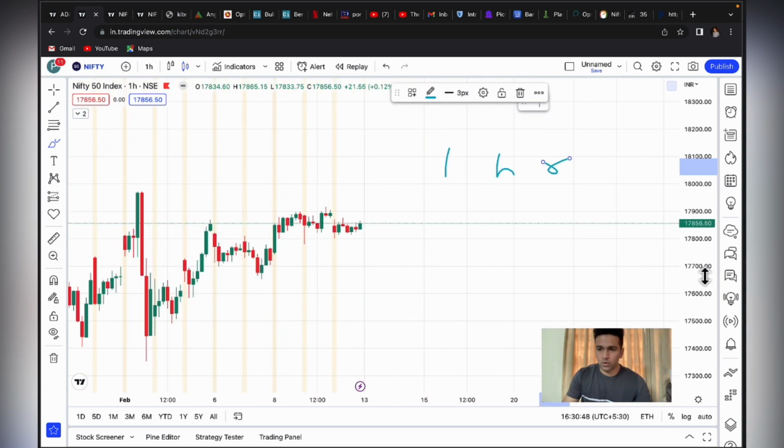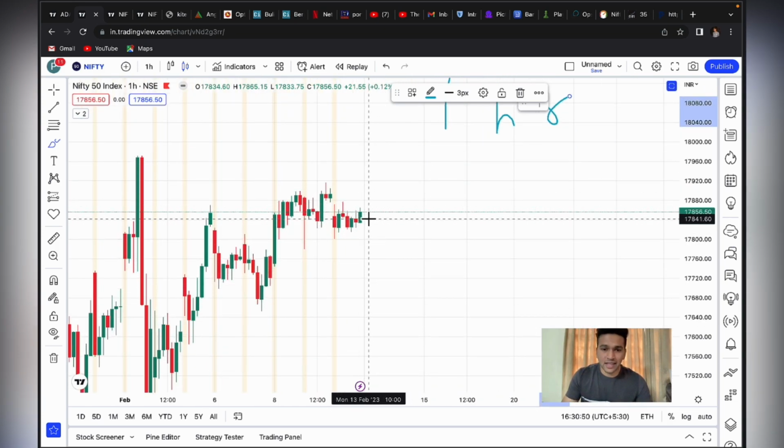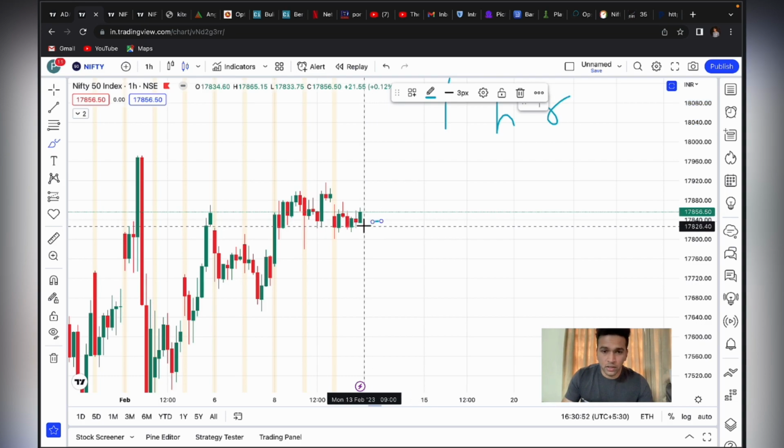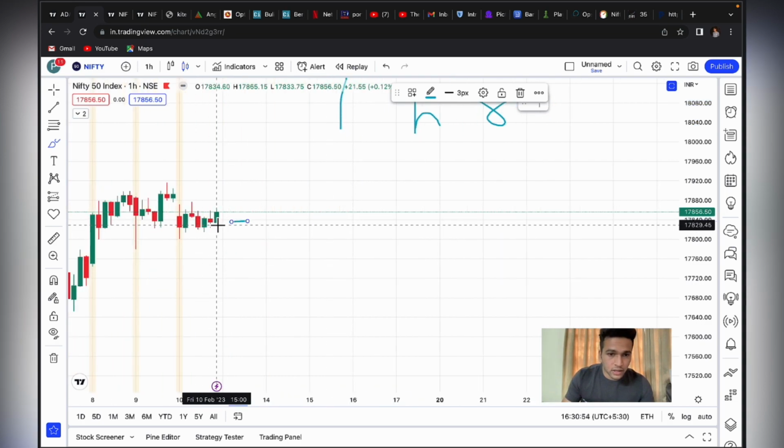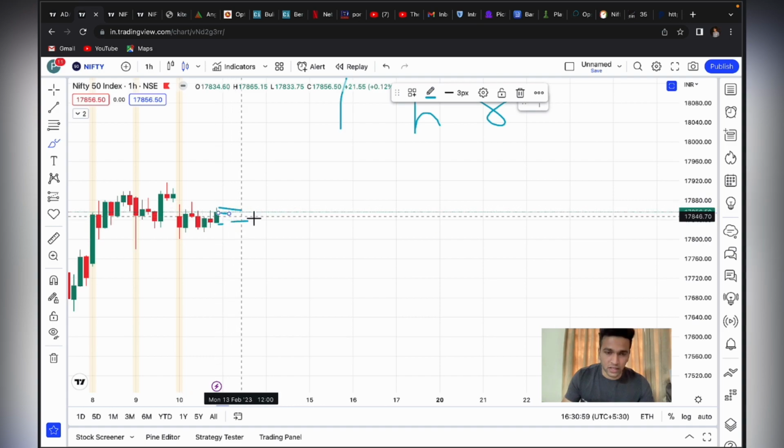If I zoom into it, this candle shows the open, the lowest point the candle got, the highest point, and the close of the candle.